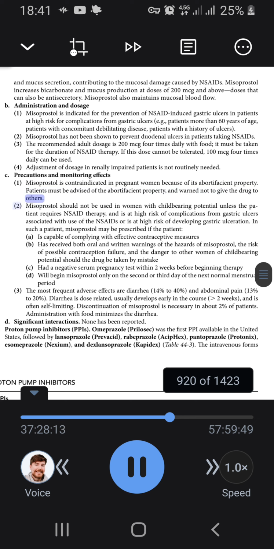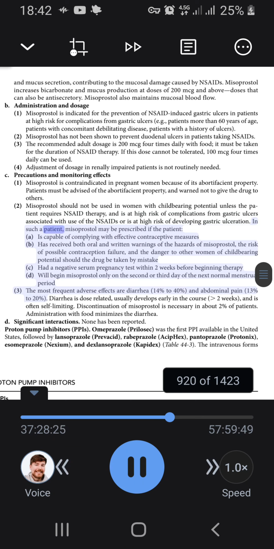2. Misoprostol should not be used in women with childbearing potential unless the patient requires NSAID therapy and is at high risk of complications from gastric ulcers associated with use of the NSAIDs, or is at high risk of developing gastric ulceration.